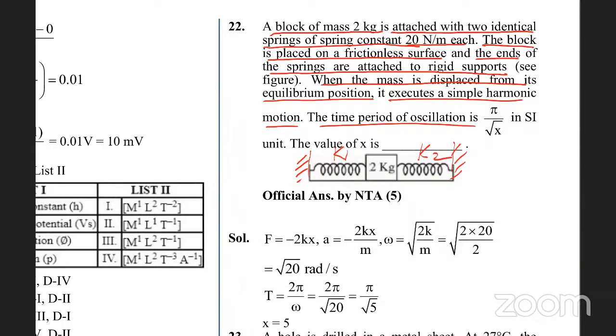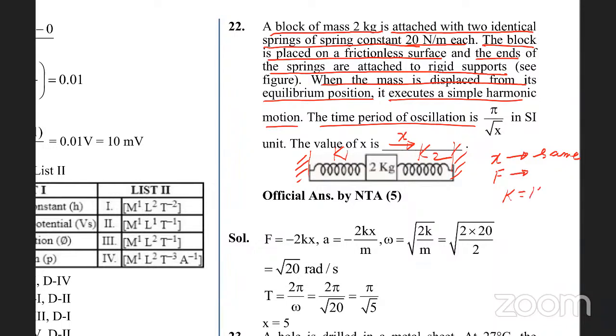So actually here, if 2 kg is moved by x, the compression of the second one is equal to extension of the first one. X is same. And F is different. Of course, in this case, K1 is equal to K2. Since X is same, they are connected in parallel.